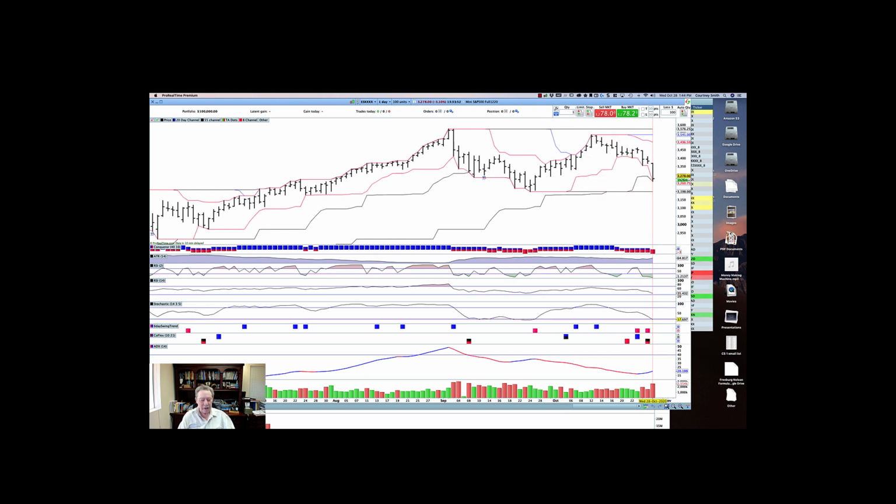If we come down here, stochastics have been a little bit lower, but whenever they got this low, we usually got a rally. So that's a little bit bullish. But here's the other one that I wanted to point out. We got an increase in volume today. This is the highest volume since we had some bear market days back here and here. And also the ADX is going up, which confirms the ADX is saying it's in a bear market already.